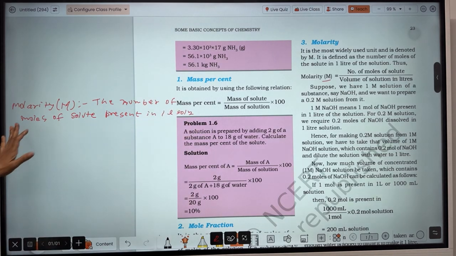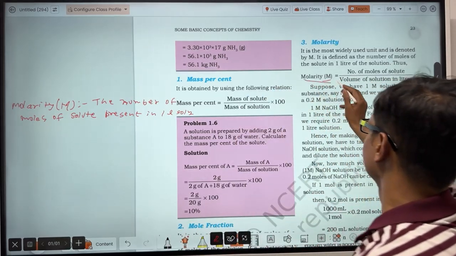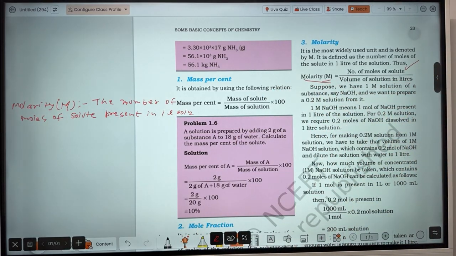That is molarity. Its formula is the number of moles of solute upon the volume of solution in liters. Guys, keep in mind, it is the total volume of the whole solution.